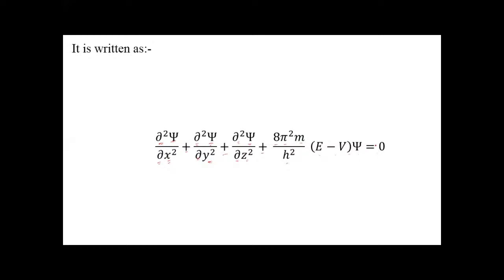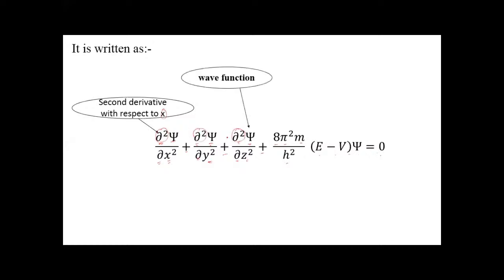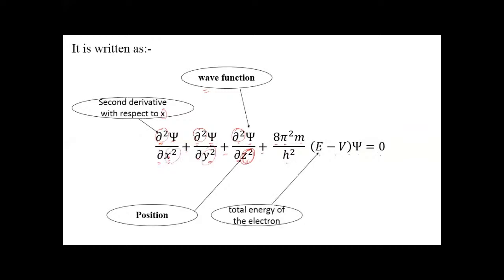Here, del square is the second derivative with respect to x for this term, with respect to y in this one, and with respect to z in this one. Here, psi is a wave function, whereas x, y and z are the position coordinates. E is the total energy of the electron, and V is the potential energy.